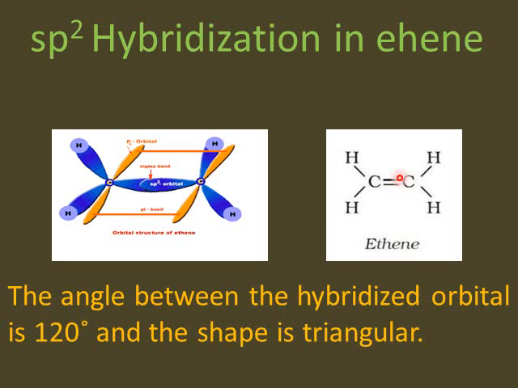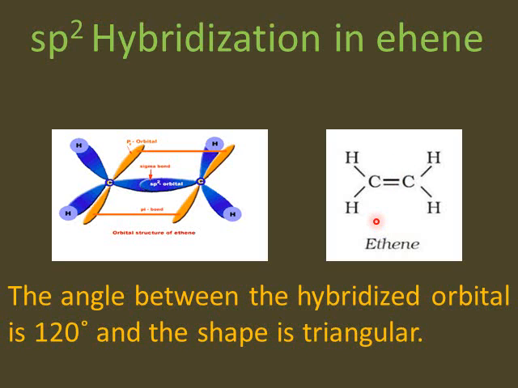As I have told you before, the pz orbital is not taking part in sp2 hybridization. Sp2 hybridization is done only by px, py and s orbitals. So these three are hybrid orbitals and this unsaturated bond is formed by pz orbitals and it will be a pi bond.